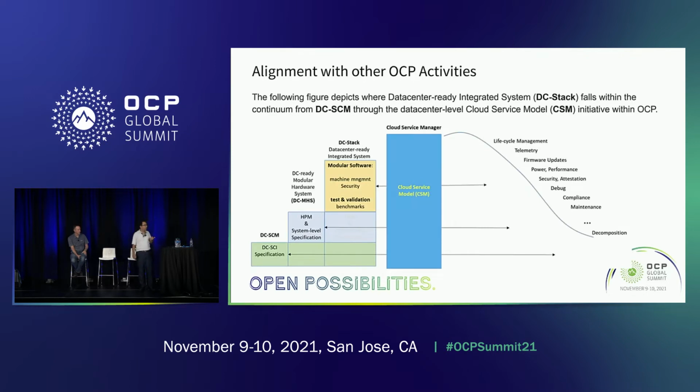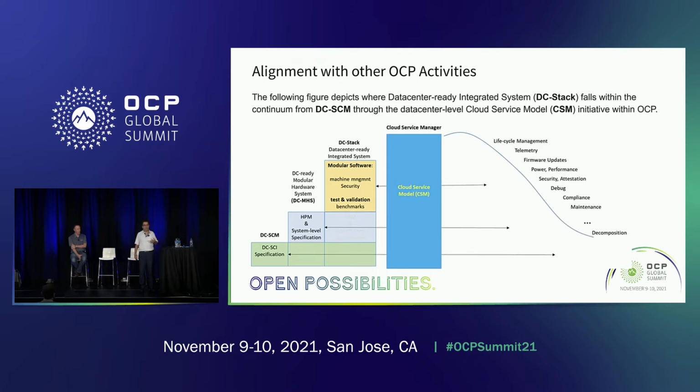So in the past couple of days, you guys probably have seen this chart. It shows that we started with DC-SCM, just a specification for the interface, and then the module was built on top of it. What we are about to do is come up with a specification for a system around DC-SCM, and then at some point, suppliers will build systems to go along with that.